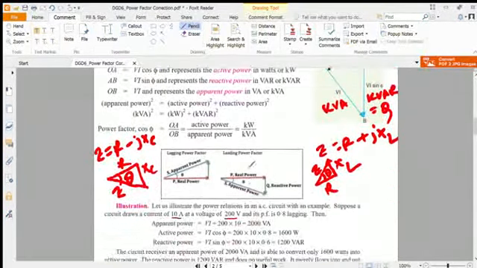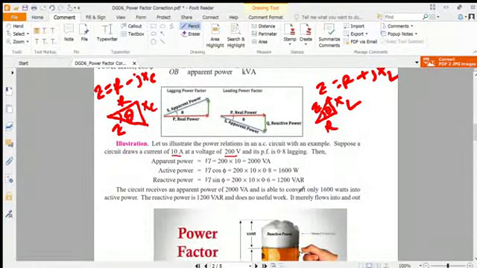Now we have to find the apparent power. Apparent power is VI, or it can be written as the square root of watt squared plus var squared.